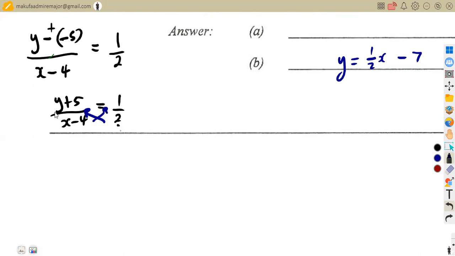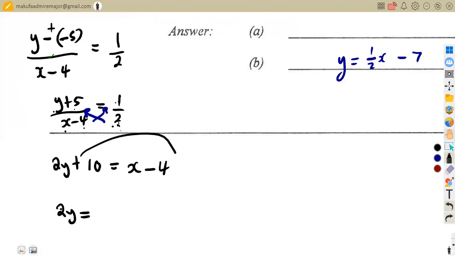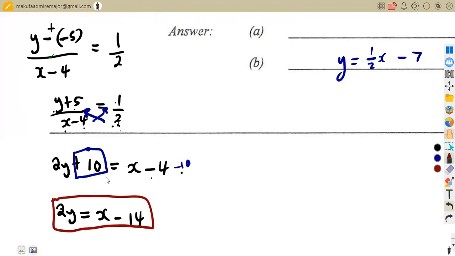That is 2 times y, which is 2y, plus 2 times 5, which is 10, equal to 1 times x, which is x, and 1 times -4, which is -4. So you can write 2y is equal to, transposing the constant, a -10 since this is a +10 on this side. So we have 2y = x - 4 - 10, that will be x - 14. You can write your equation in this form, which is one and the same answer.